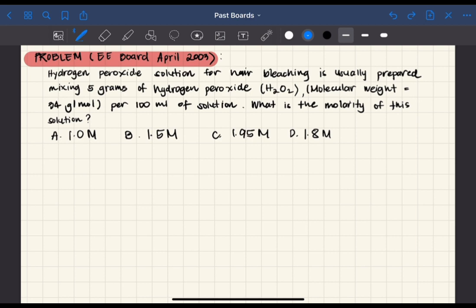So for this problem, luckily, the molecular weight is already given. However, if the molecular weight is not given, you need to compute for its molecular weight using the given molecular formula, H2O2. So you need to at least memorize the atomic weight of the basic elements like hydrogen and oxygen.